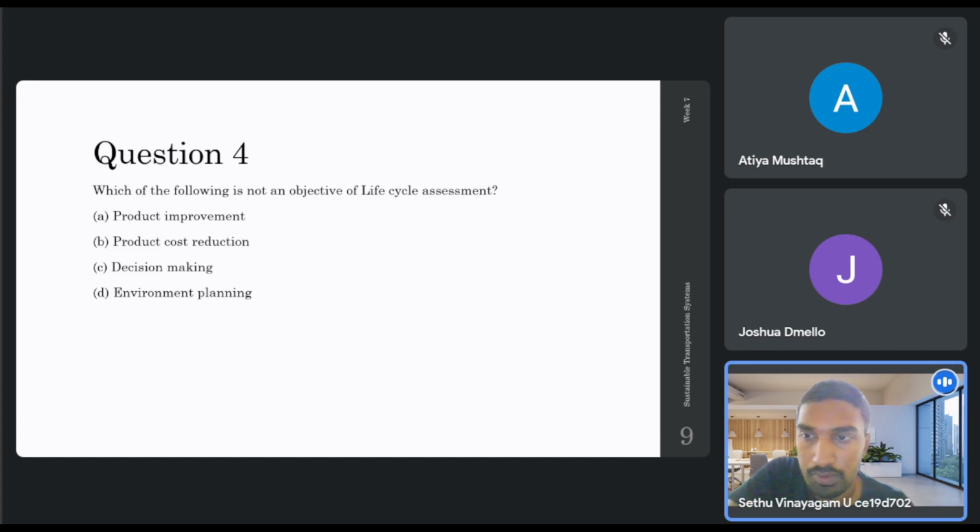One vote for option B. Any other answer?